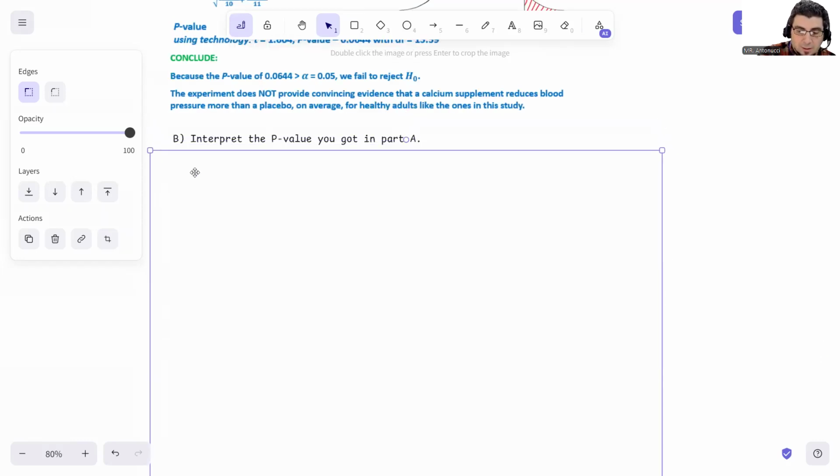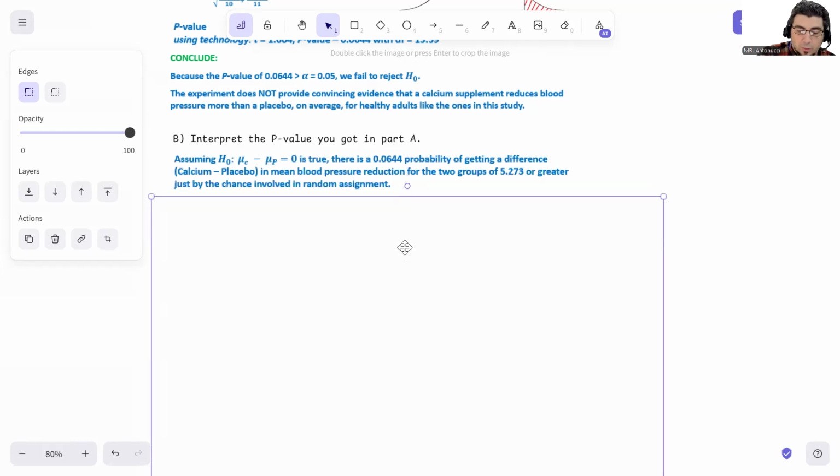Okie doke. Now, the second thing we're asked to do is interpret the p-value that we got in the previous part. So with the p-value, always start out, it's going to be a long sentence in context, referring back to assuming the null is true, using the p-value and the statistics you got from the sample or the experiment.